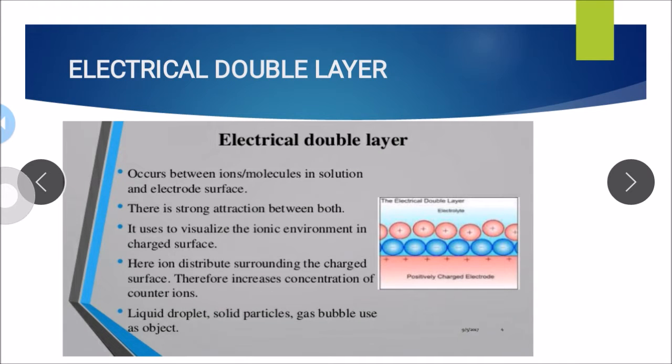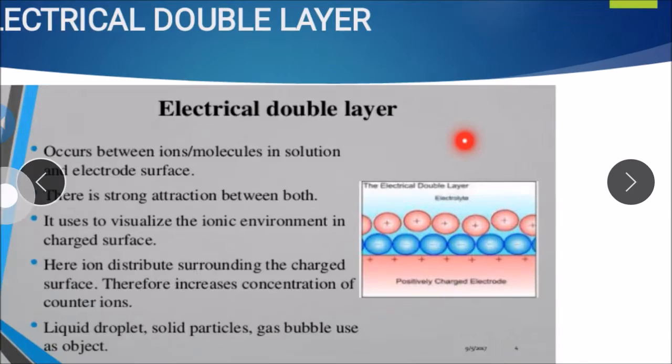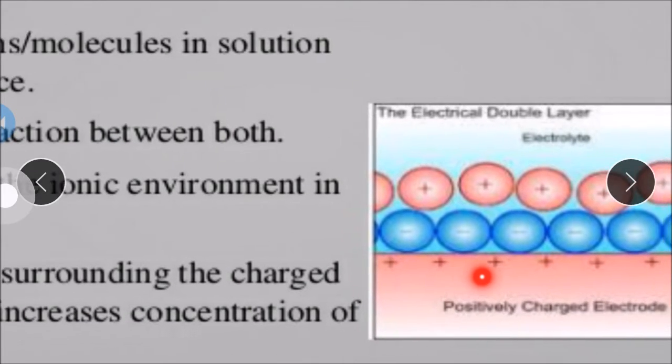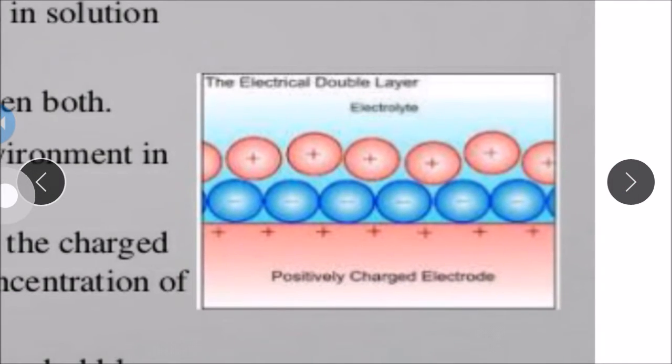So here we can see clearly in this structure. There will be a positively charged electrode. This may be of a solid material, and this is the electrolyte. What is an electrolyte? An electrolyte is a liquid solution which consists of charged ions or charged particles.